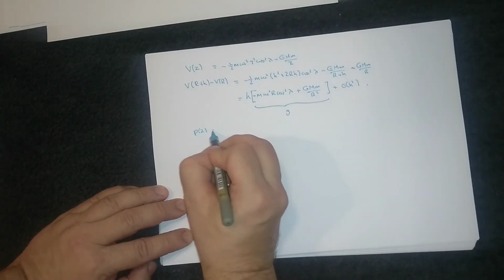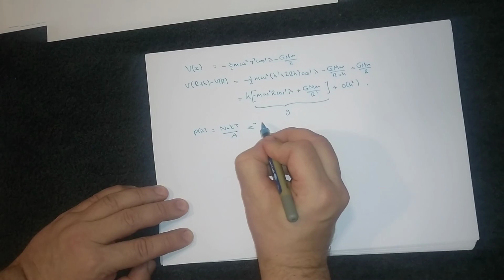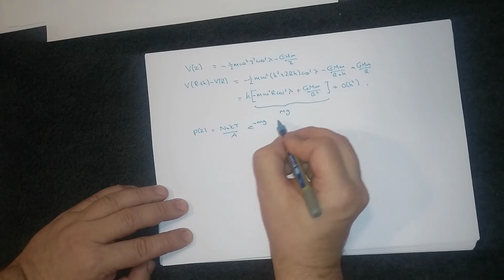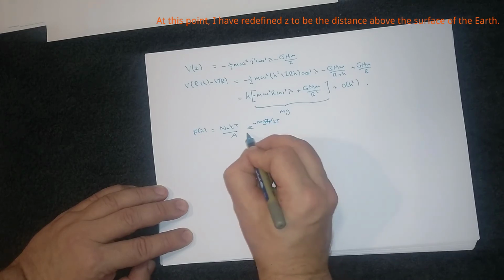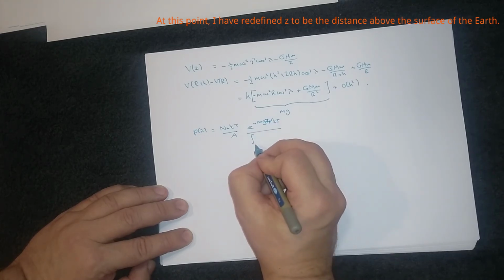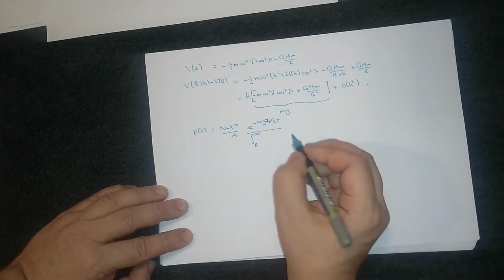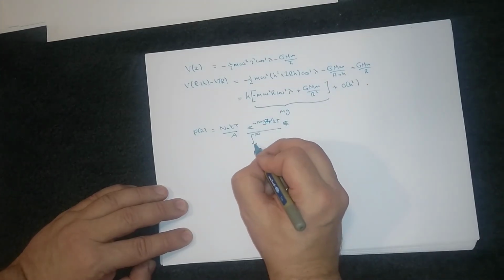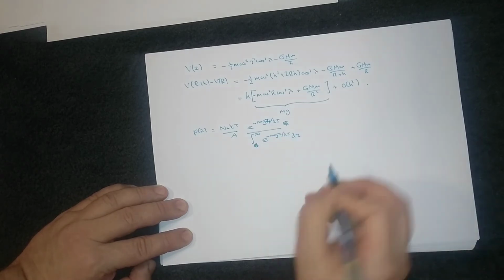So P at height z is then N0 over A kT e to the minus mgz over kT divided by the integral from 0 to infinity of e to the minus mgz over kT dz.